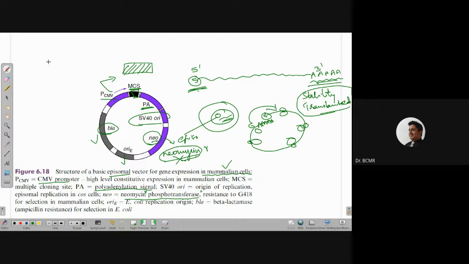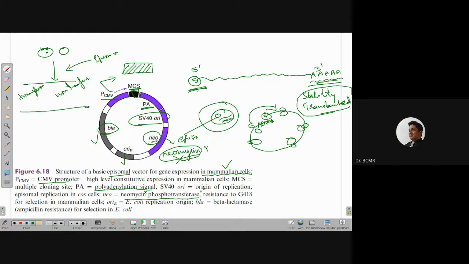So typically it would have been something like this. You would take some mammalian cells and transfect the simian virus episomal vector. We'll call it the mammalian episomal vector. And then we will get transfectants and non-transfectants.